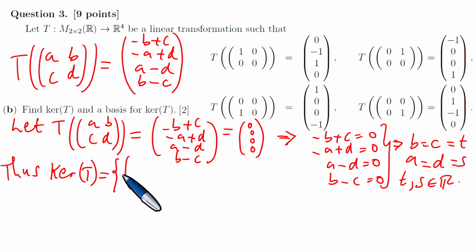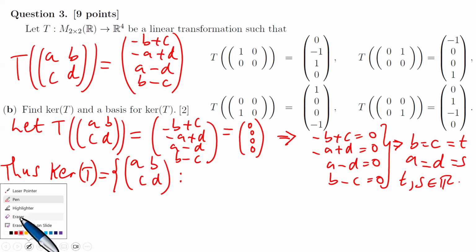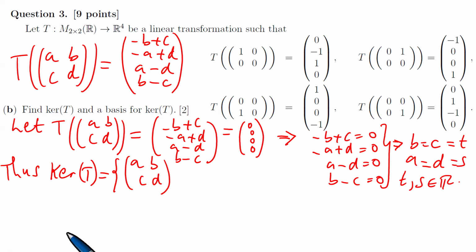Remember that the kernel contains members of the domain, so it contains the matrices of the form A, B, C, D such that... You can write one statement here, very trivial though.